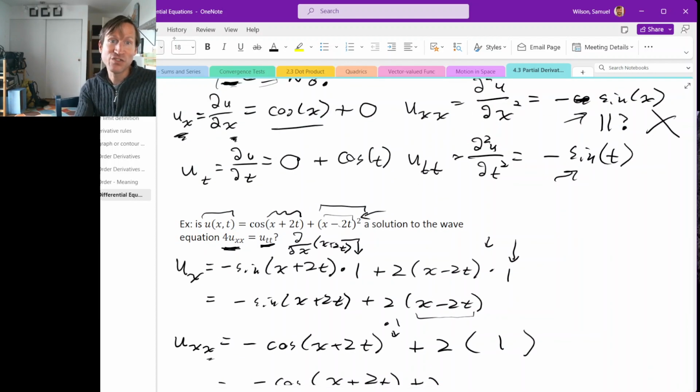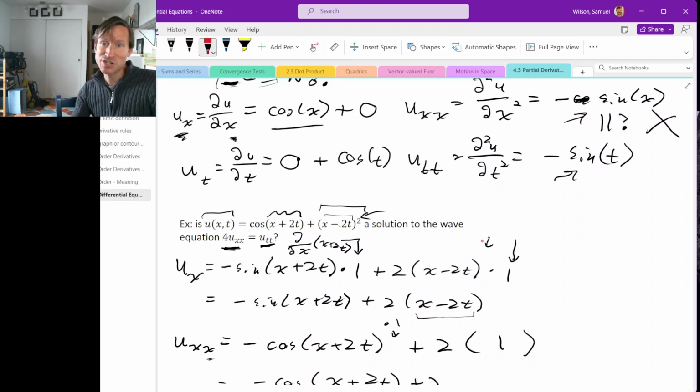And so is this function a solution to the wave equation? Yes. I should say it is a solution to this wave equation. If we change this number 4, it would no longer be a solution to the other wave equation with a different constant here. So which solutions you get depends on what numbers show up in the equation.